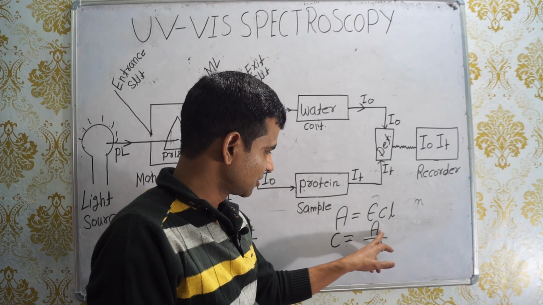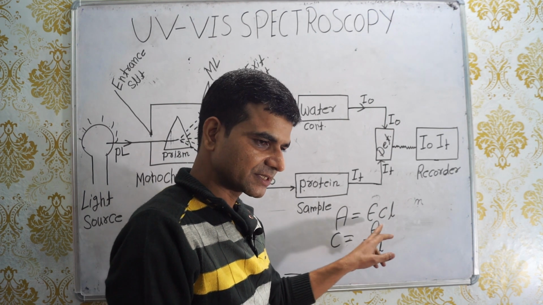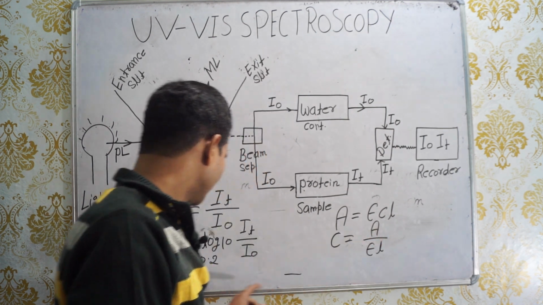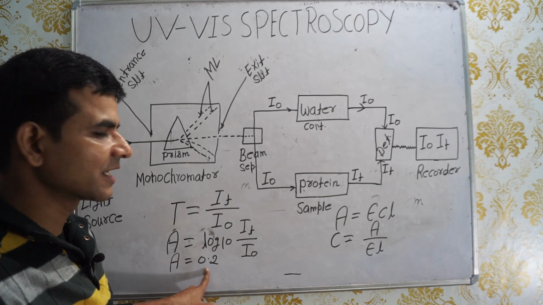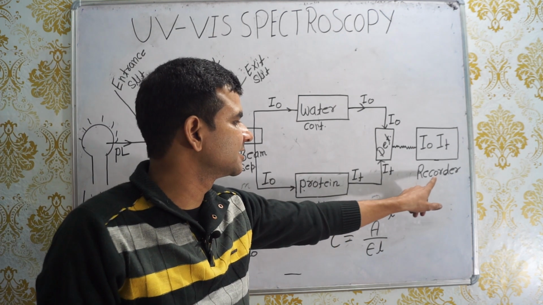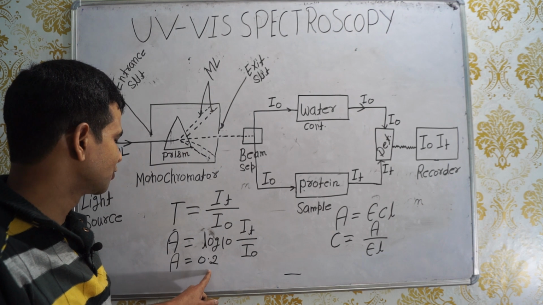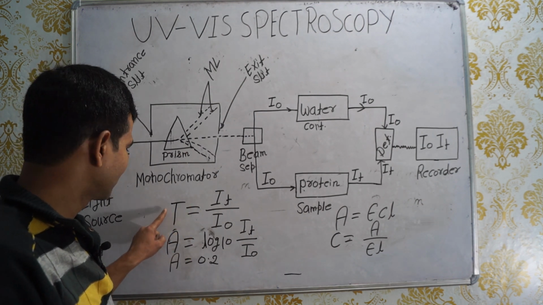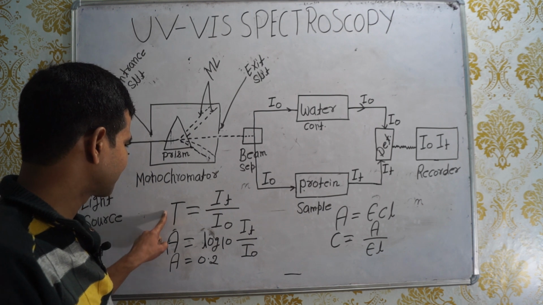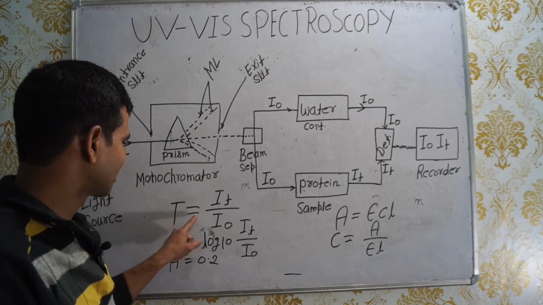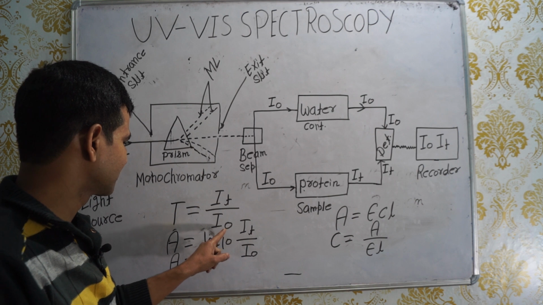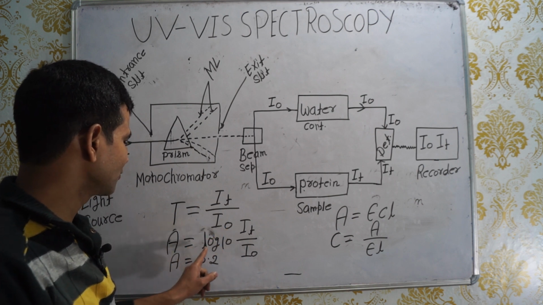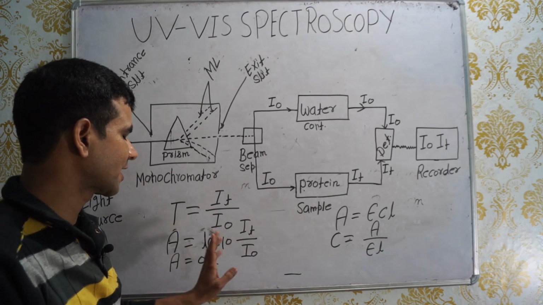Here the value of A would be 0.2, because we have supposed that the recorder has given the value of absorbance 0.2 by applying these two formulas: first, transmittance is equal to IT by I naught; second, absorbance is equal to log 10 value of IT by I naught.